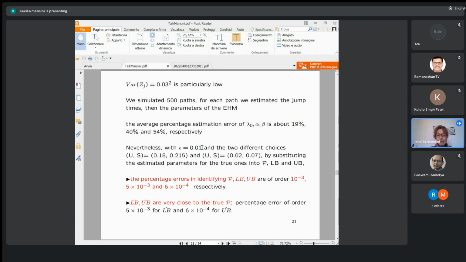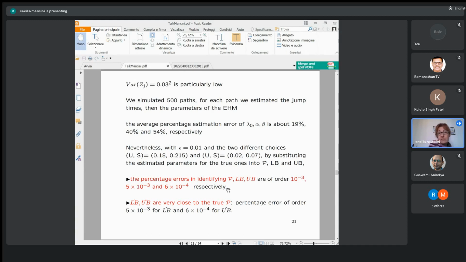Nevertheless, with epsilon 1%, having taken two different intervals, US, by substituting within our formulas the estimated parameters for the true parameters, we find that the percentage errors in identifying the probability of our interest, the lower bound and the upper bound, are of order 10 to the minus 3.